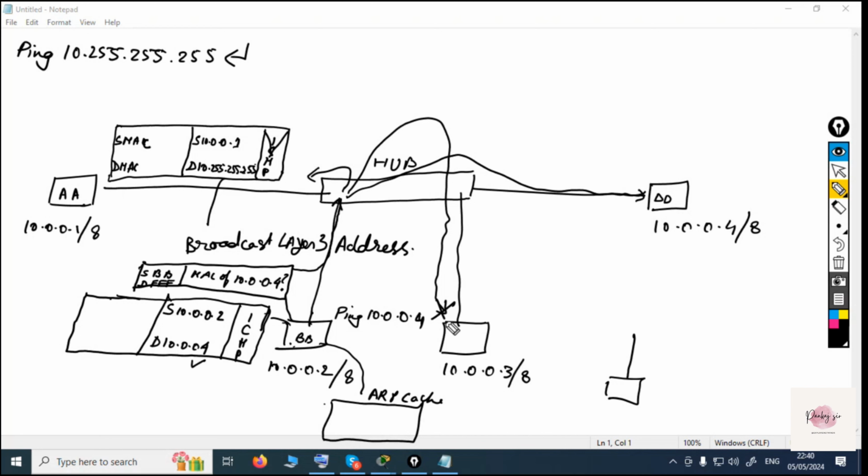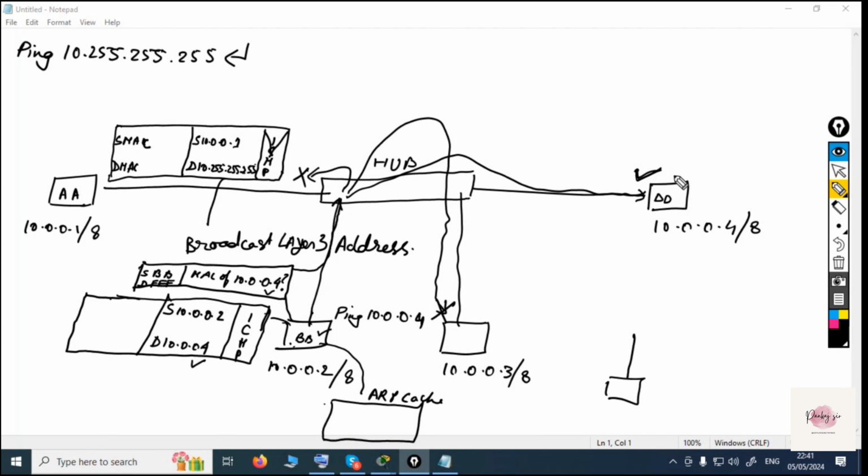All the PCs will ignore it, but this PC will reply, because the target MAC address this PC is looking for is for 10.0.0.4. So this PC will see this IP address and say, oh, it's meant for me.